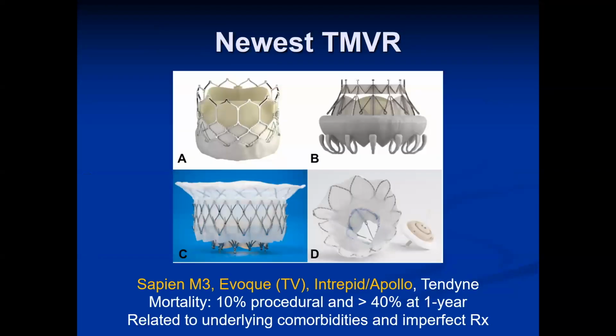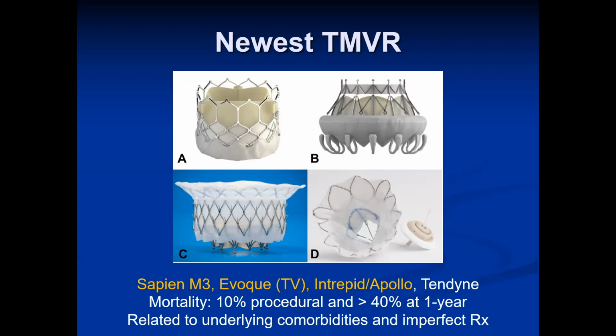Now, these are the latest catheter-based valve therapies that we have. The ones highlighted in A, B, and C are the choices that we have here at the University of Washington. The SAPIEN 3 valve has an anchoring device for the mitral. The EVOQUE, we put one yesterday. They're experimental valves for tricuspid regurgitation, and we're about to do our first Intrepid patient in the next couple of months.